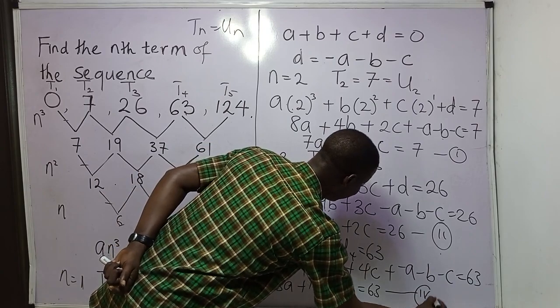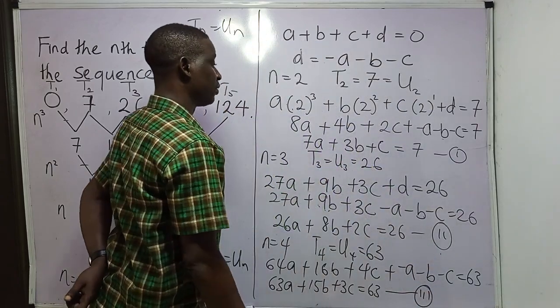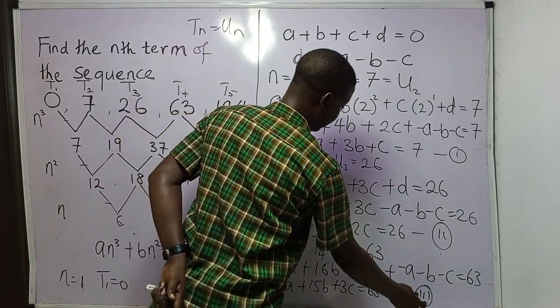So what I want to do right away now is to solve the 3 of them simultaneously: 1, 2, 3.